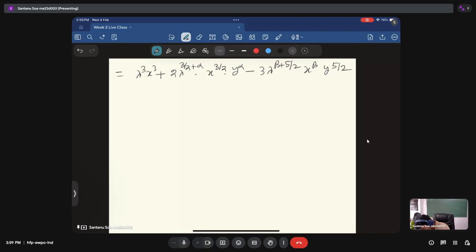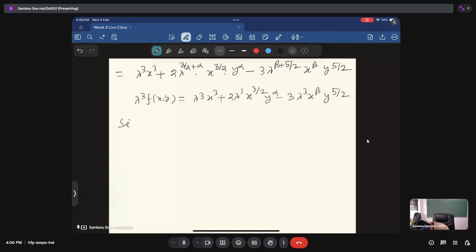Okay, so this is our f of lambda x comma lambda y, and lambda cube times f of x comma y is nothing but lambda cube x cube plus lambda cube 2 x to the power 3 by 2 y to the power alpha minus 3 lambda cube x to the power beta y to the power 5 by 2.